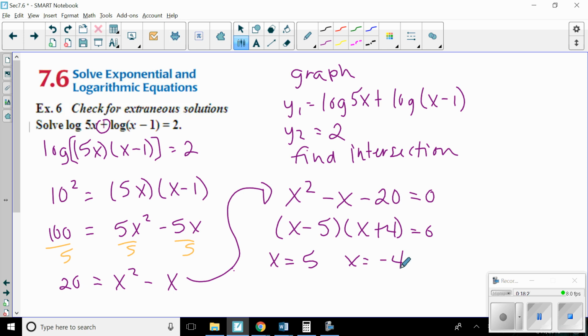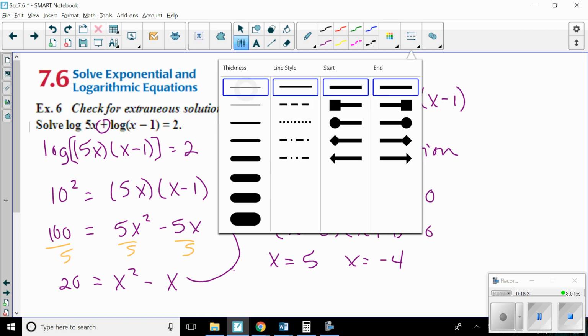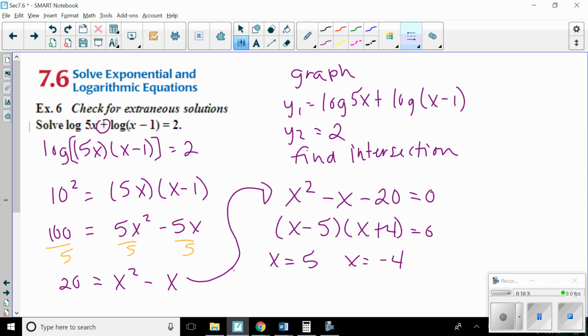Now, because I have two answers, I need to check for extraneous solutions. So you need to remember that for log base b of y equals x, b and y have to be greater than 0. So let's double check our solution 5 first, and we'll plug it into the original equation.